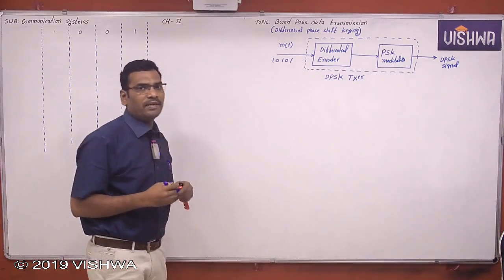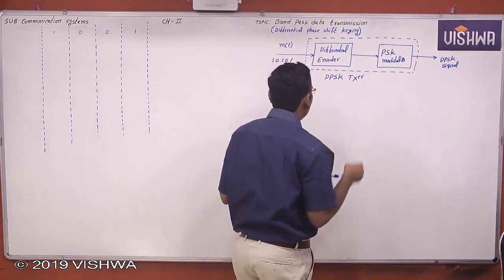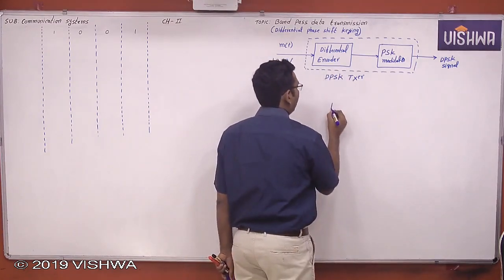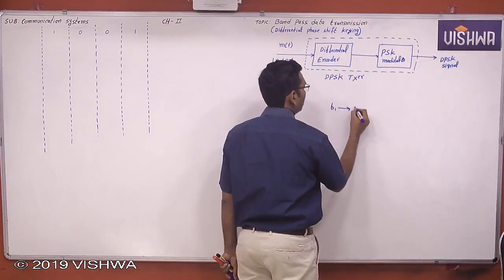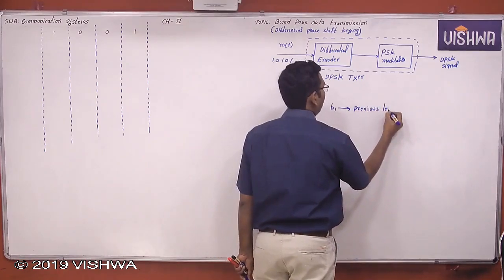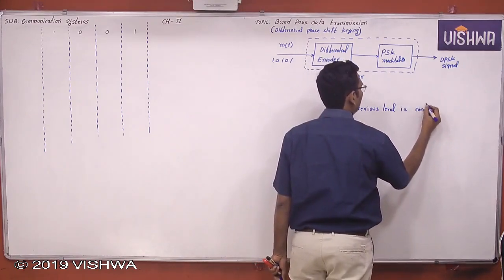So, you know the differential encoding. Now, what is the differential encoding? Let me recollect. For binary 1, whatever the previous level is, that previous level continues.